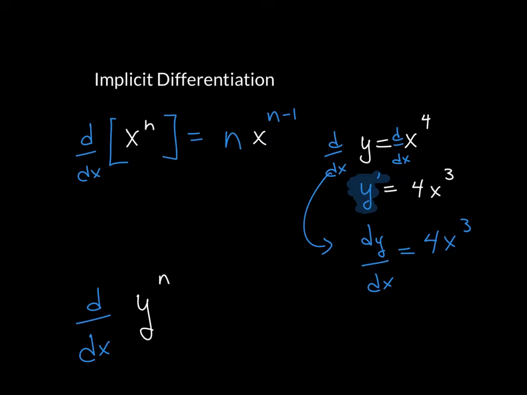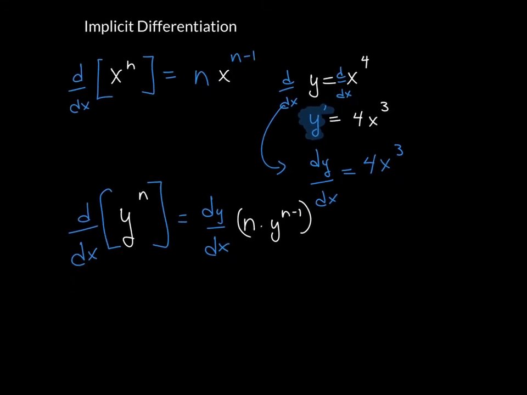So the idea of doing this is exactly the same. This is just equal to dy dx, the derivative of my variable y with respect to x. Now I take the derivative of y, which is n times y to the n minus 1.